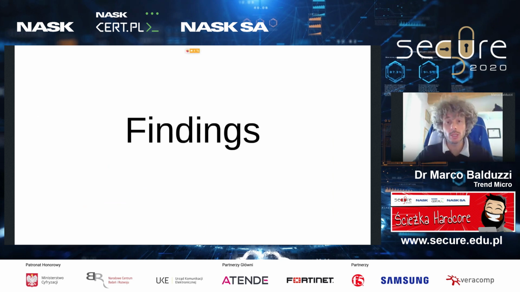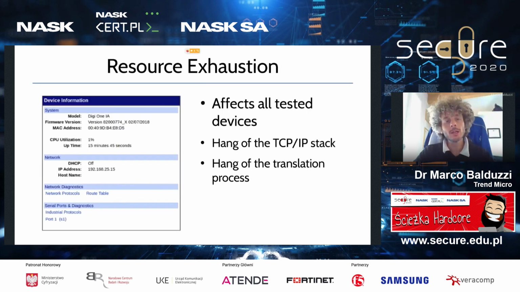Let's now look into the findings, and I'm going to tell you what could potentially go wrong with such an important device in production sites. First is resource exhaustion. This is the case when the device makes a mistake in handling traffic and, for example, reboots, or it might hang on the TCP/IP stack or on the translation process.